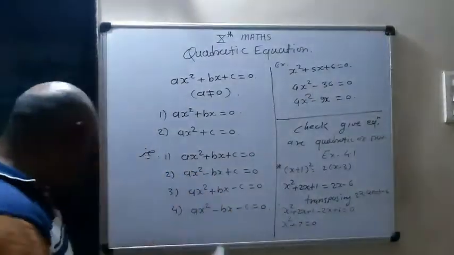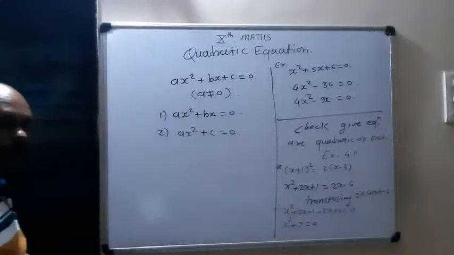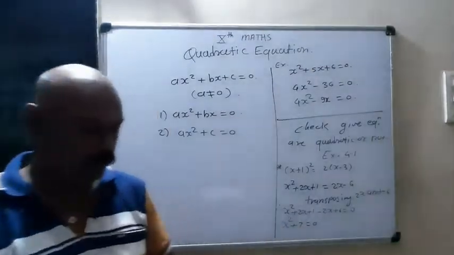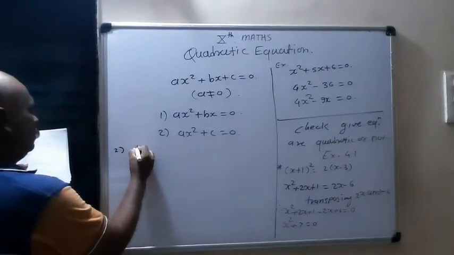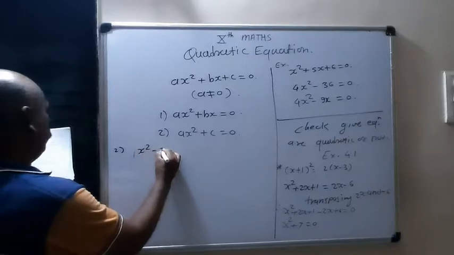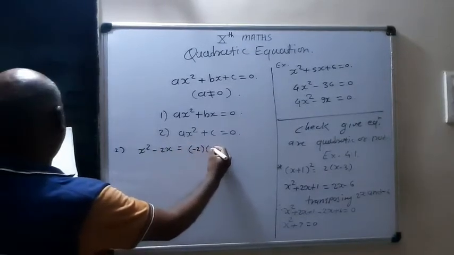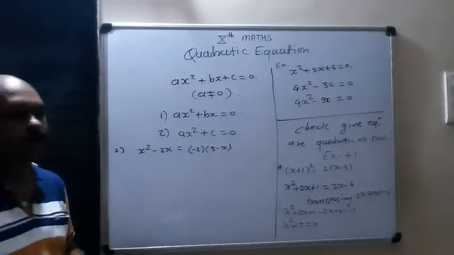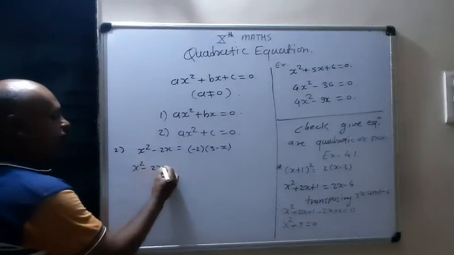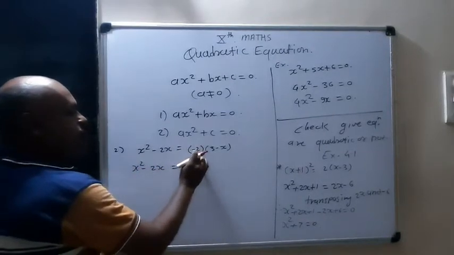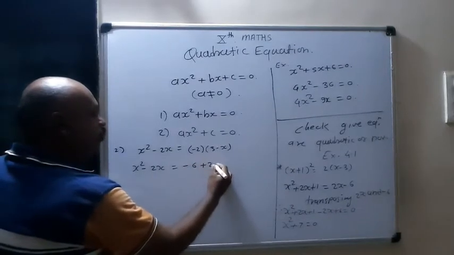Next, another example. x square minus 2x is equal to minus 2 into (3 minus x). Here, x square minus 2x, by multiplying minus 2 to the bracket, we get minus 6 plus 2x.